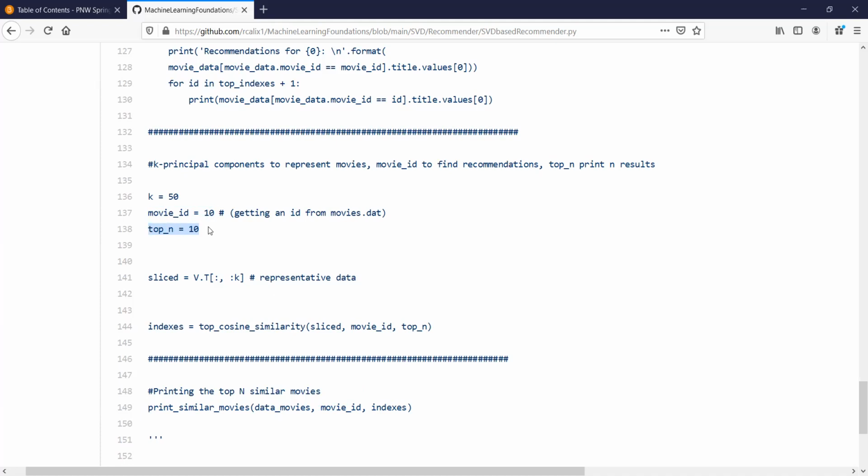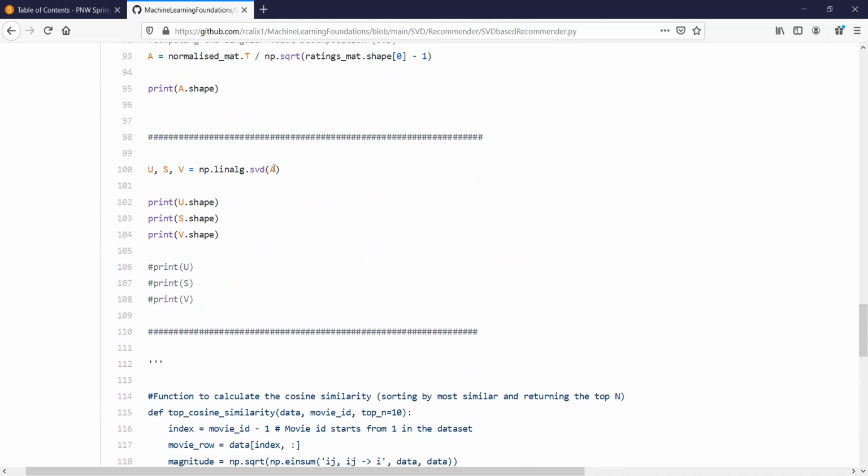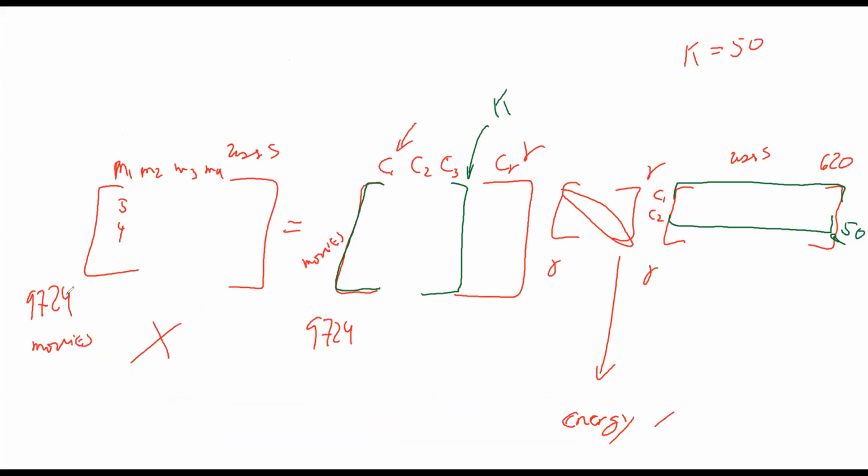So that's the goal. Now, I need the information, but instead of using the information from A, which, if you remember, is the matrix of 9,724 movies to 610 users, or 620 users, whatever it was, that was the original matrix.